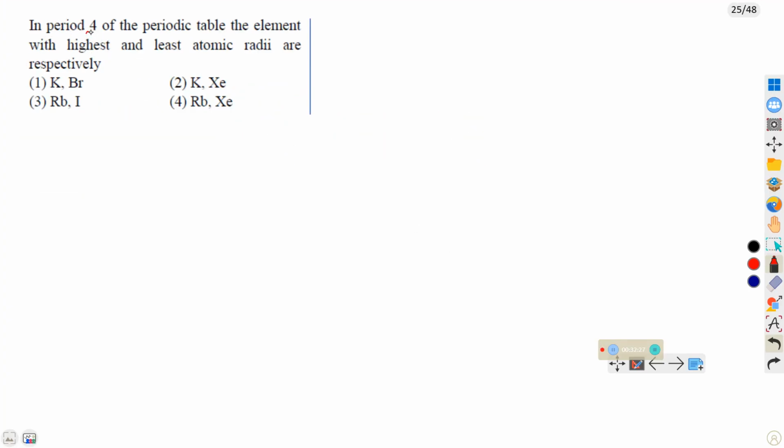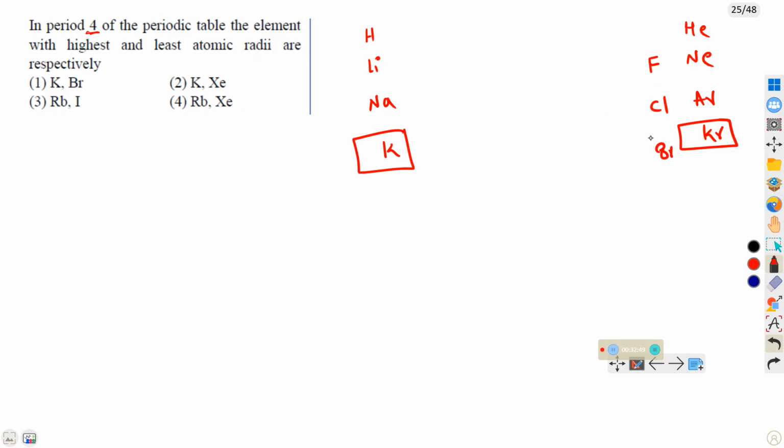In period 4: lithium, sodium, potassium. In period 4, the group 1A element is potassium. Helium, neon, argon, krypton. In period 4, the ending element is krypton. Fluorine, chlorine, bromine.